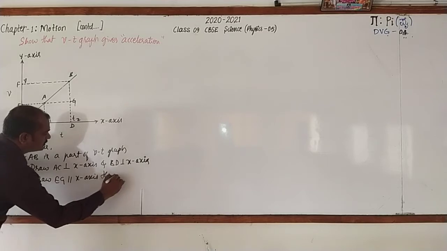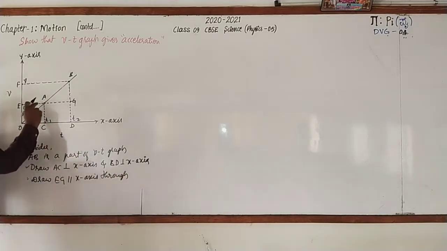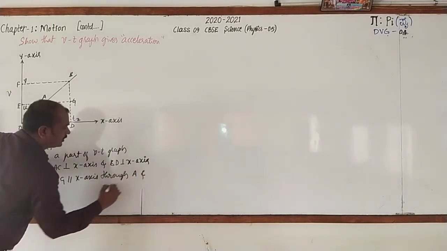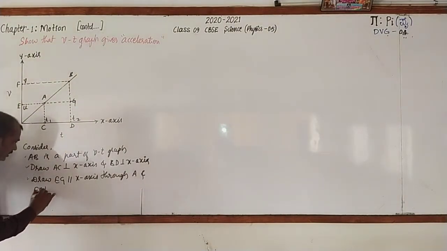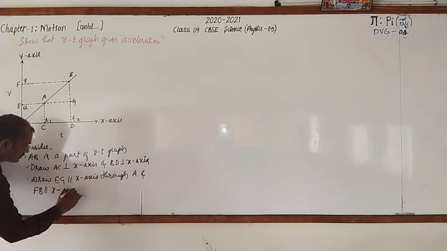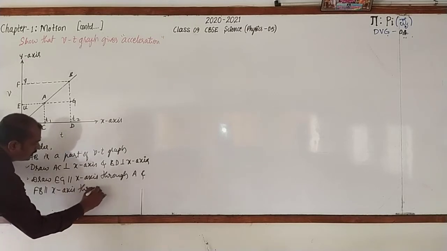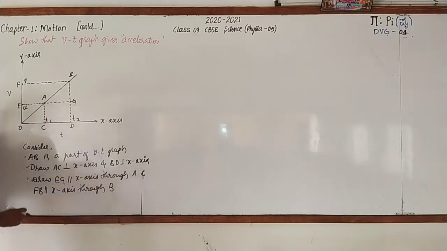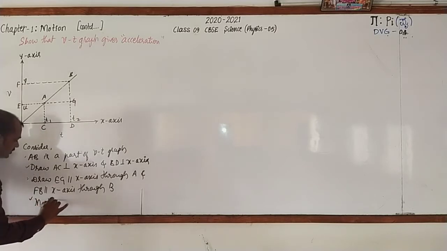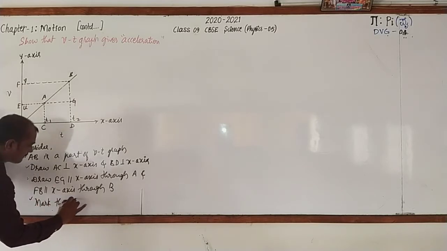Through which point? Yes, through the point A. And FB parallel to x-axis through the other point, B. Then the point G is marked.